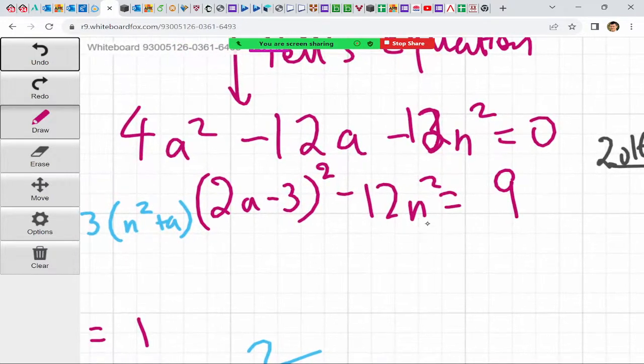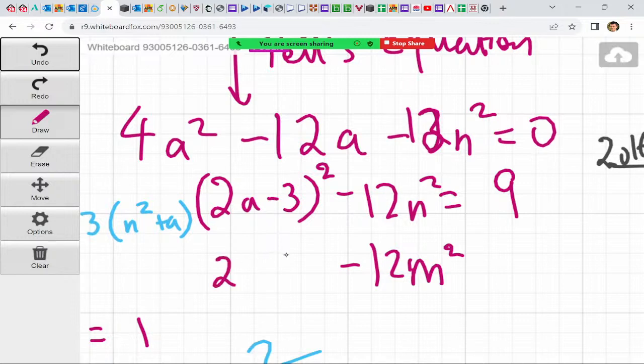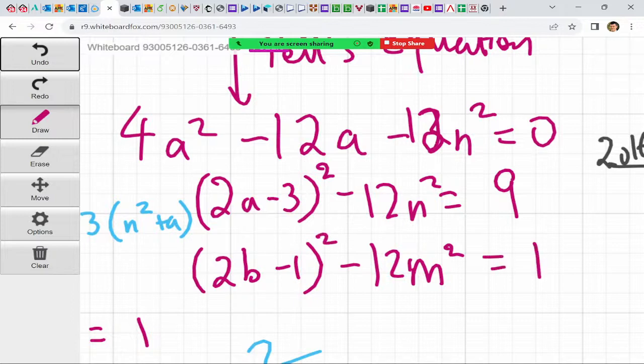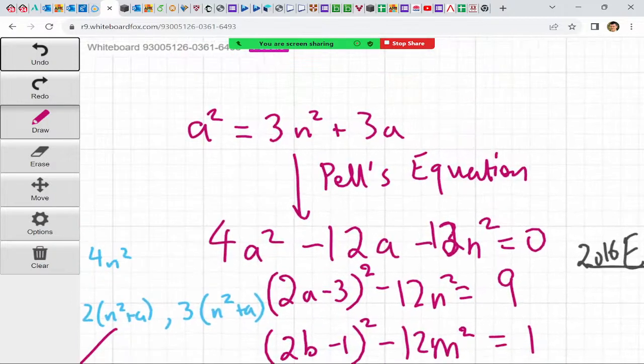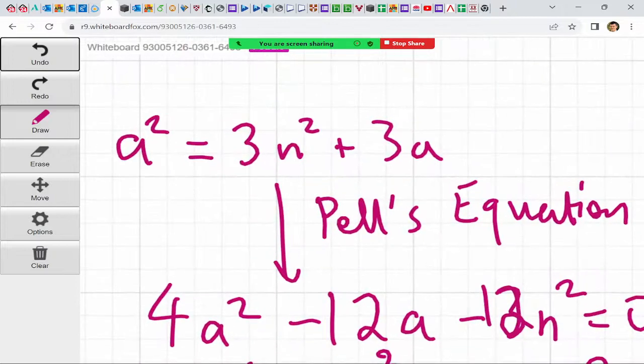We can also show that both a and n are divisible by 3. a is obviously divisible by 3, right?